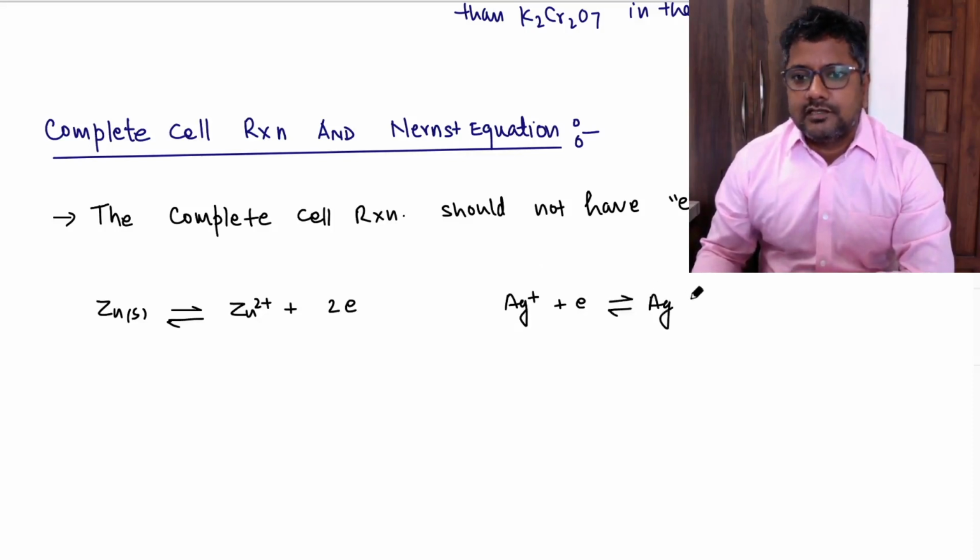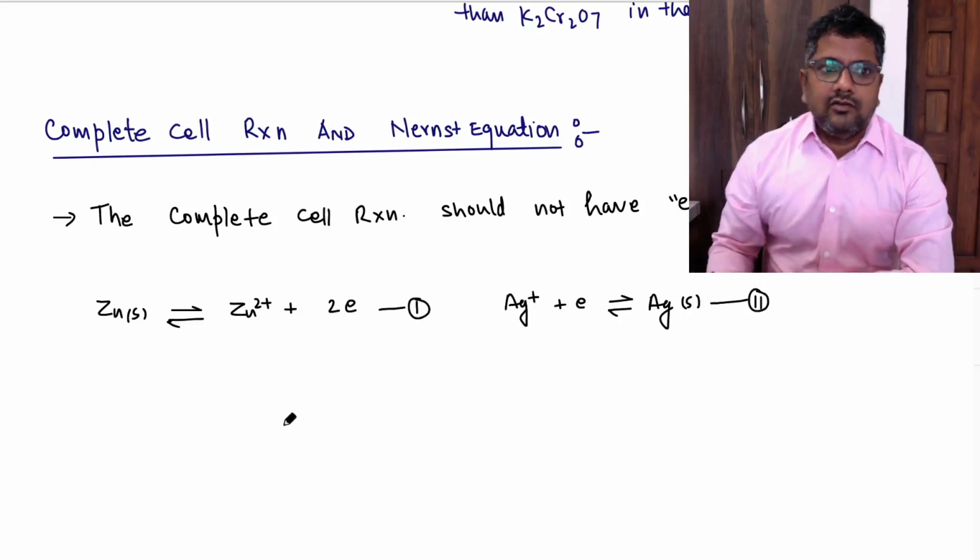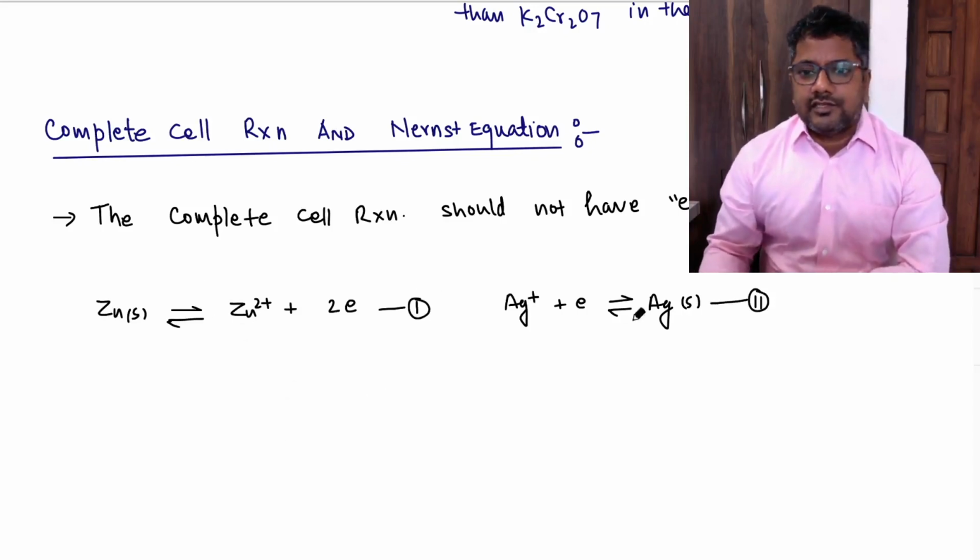Suppose these two half reactions are given. This is equation 1 and this is equation 2. Now this is oxidation, this is reduction.